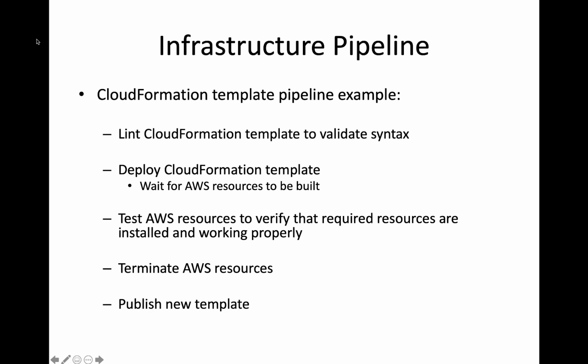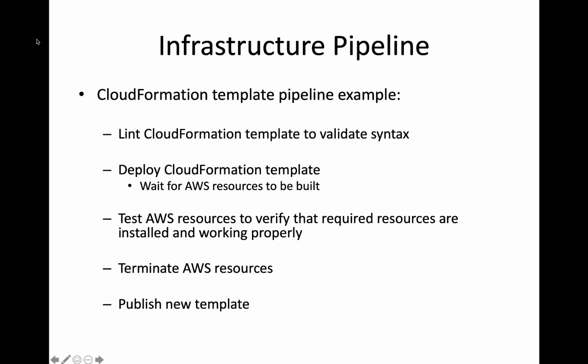And kind of a simple example is you can imagine an infrastructure pipeline where we are building a CloudFormation template. And the pipeline might consist of a stage where we are linting the CloudFormation template, so we're validating the syntax of the template. We might then actually deploy the CloudFormation template and create a stack. We'll wait for those AWS resources to be built. And then once those resources are built, we'll actually test those resources.